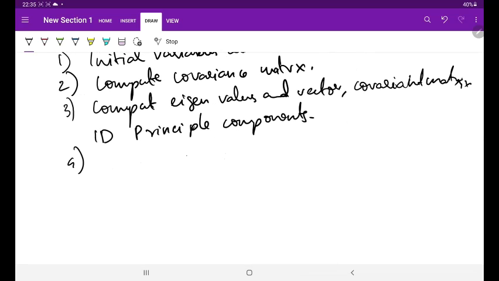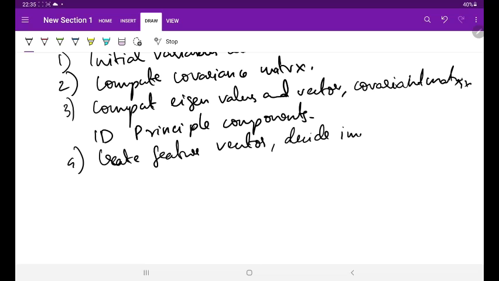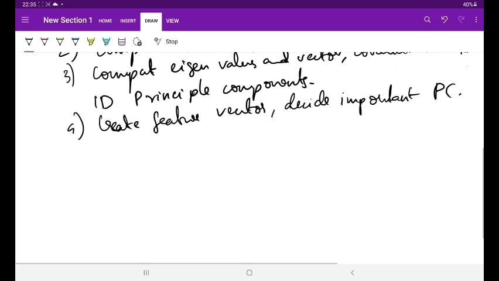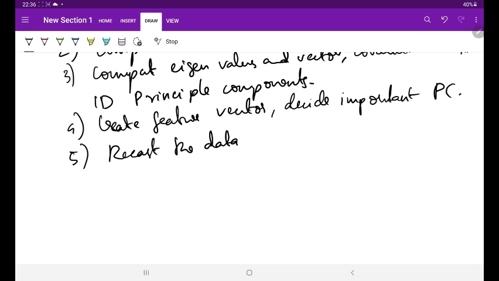The fourth step is to create a feature vector which will contain the necessary principal components, and we will remove the rest depending on whether there is a high eigenvalue or not. And the fifth one is to recast the data along the principal component axis.